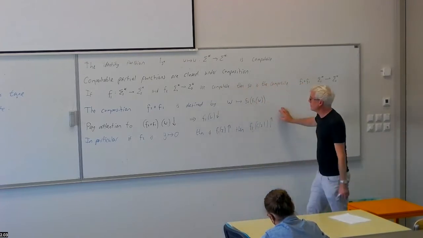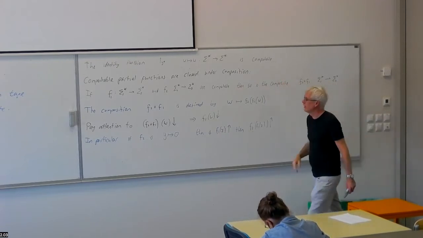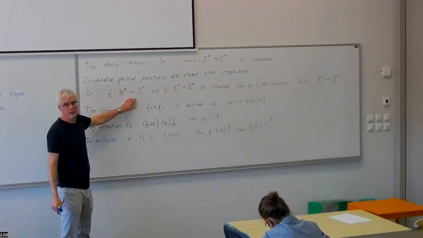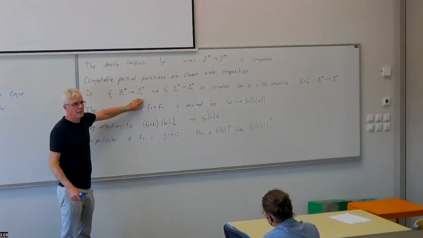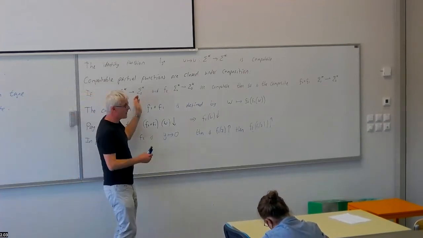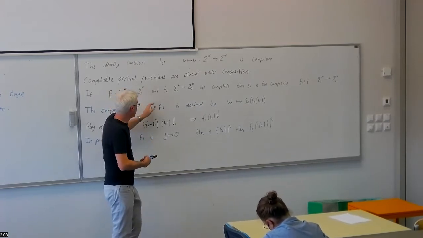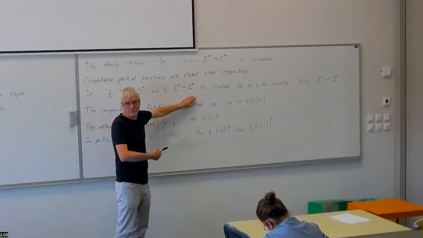And if you think about how you prove, which you may have done in an exercise class, that computable partial functions are closed under composition, what you do is you start off with a Turing machine for f1, you run it, and if it gets to the halt state, you then stay with the current tape and head configuration, and you then run the Turing machine for f2 on that configuration.